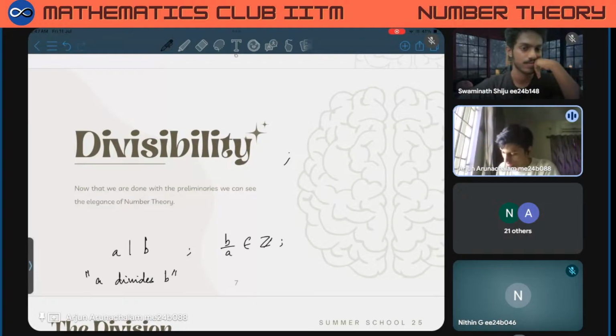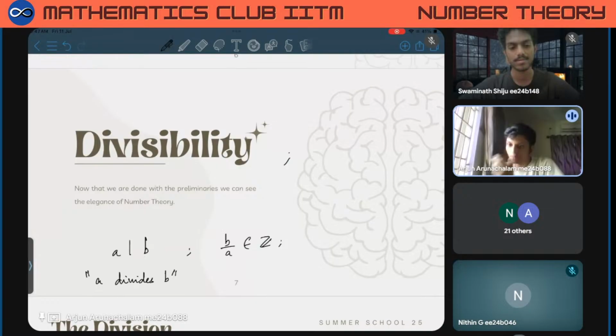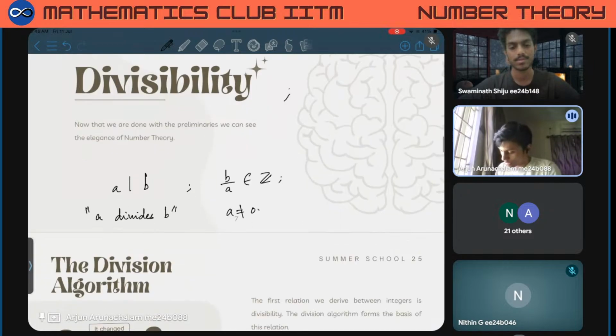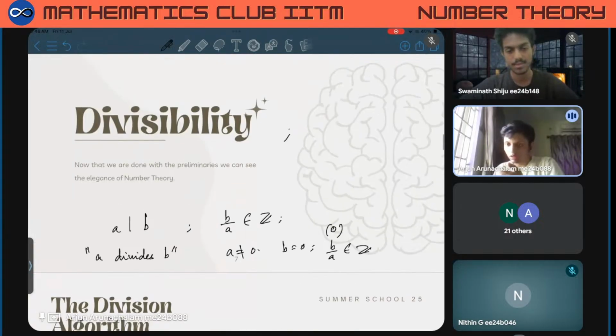So naturally, as a consequence of this, you can't divide something by zero, so you assume that A is not equal to zero. And similarly, if B is zero, B by A is zero for any A that is not zero, right? Because zero is an integer. So every single integer divides zero.